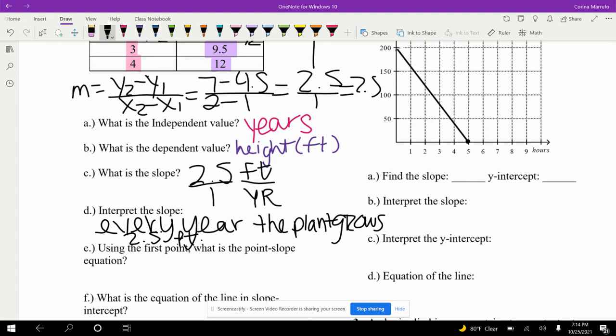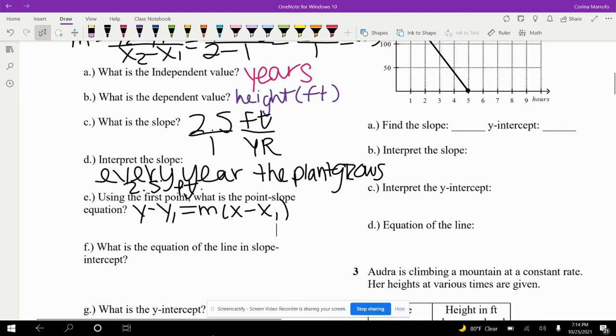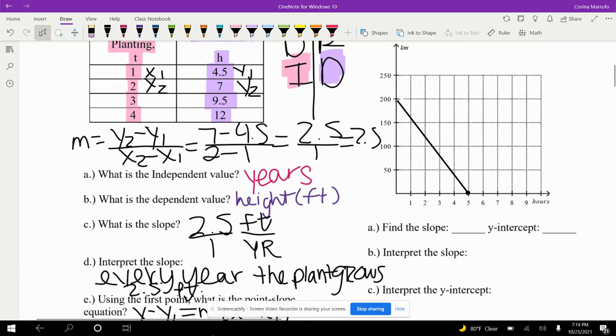Okay, then it says use the first point. What is a point slope equation? So I'm going to go ahead and write down the point slope equation. We have y minus y1 equals m times x minus x1. Okay. So then I'm going to use my first point, which is 4.5 and 1.